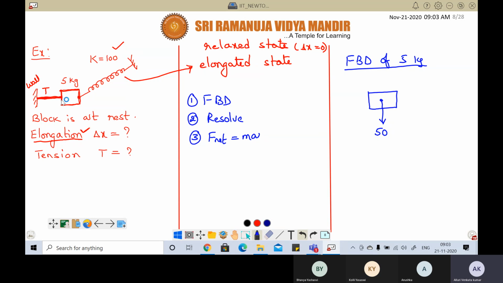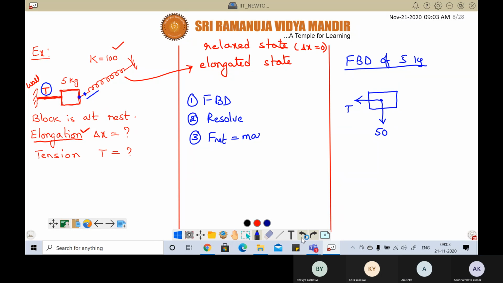Now, due to the string, tension force, which direction? Left side. Correct. Next, at this point the spring force will be there. Which direction will the spring force be? Towards the block? Already it is in the elongated state.